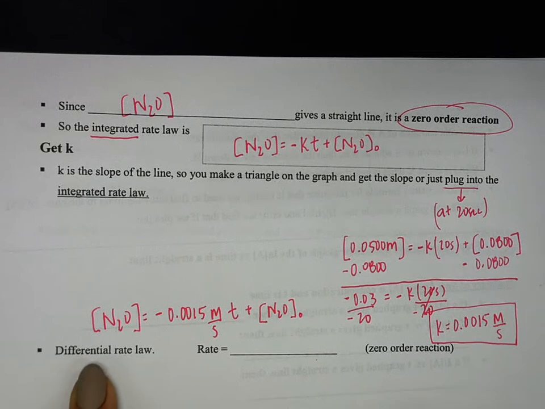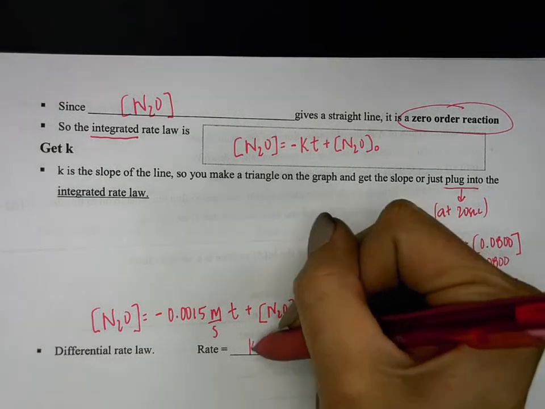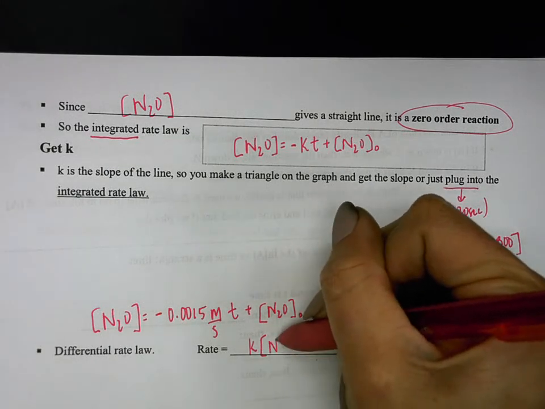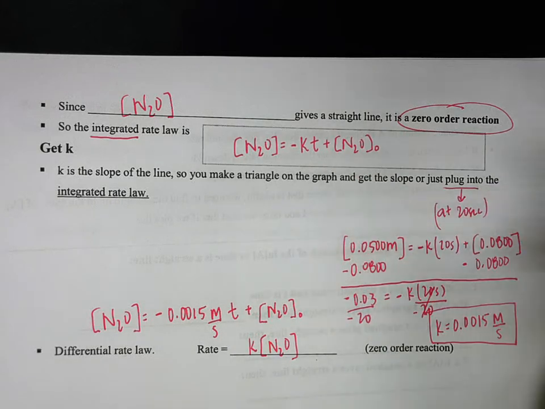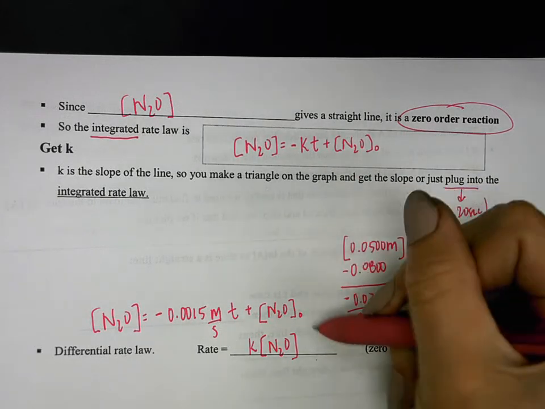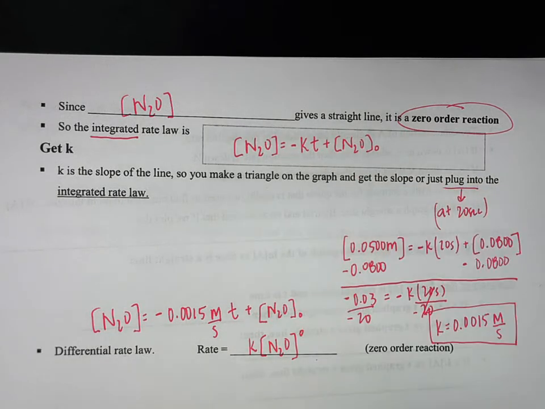Okay, remember your differential rate law is not time dependent, so it would be K times the concentration of N2O raised to the 0 power, which is just 1, right?